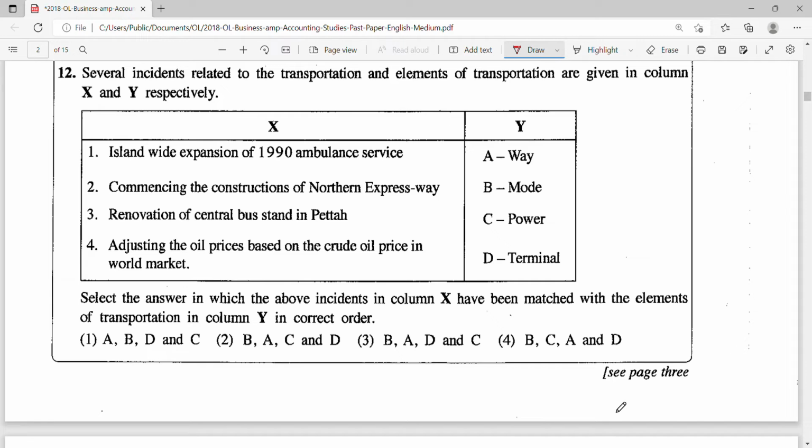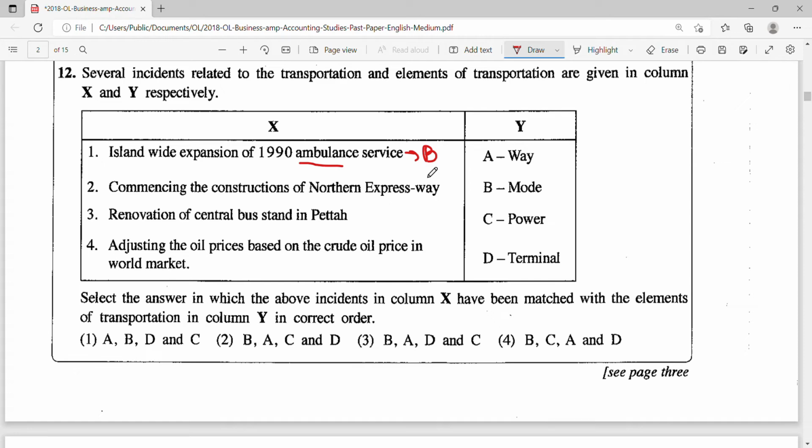Now the first incident is island-wide expansion of 1990 ambulance service. Here they are talking about an ambulance service. This is a mode of transportation, a vehicle. So 1 is denoting B. Second incident, commencing the constructions of Northern Expressway.